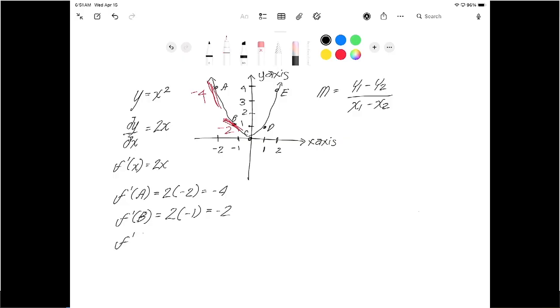For C, that would be 0. For D, that would be 2. And lastly, for E, that would be 4.